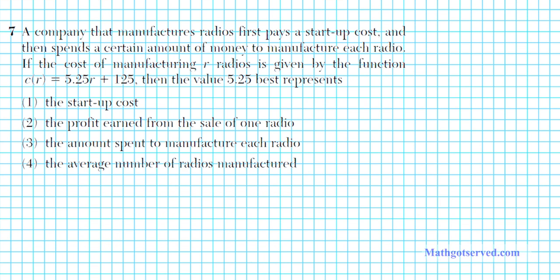All right, let's take a look at problem 7. It says a company that manufactures radios first pays a startup cost and then spends a certain amount of money to manufacture each radio.